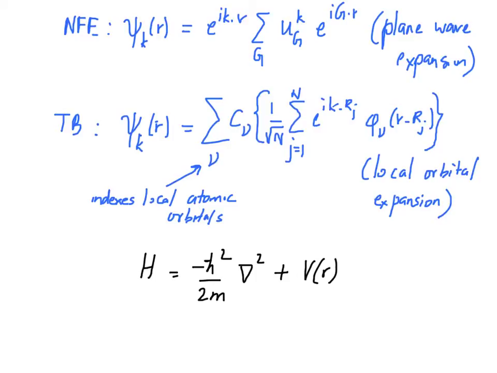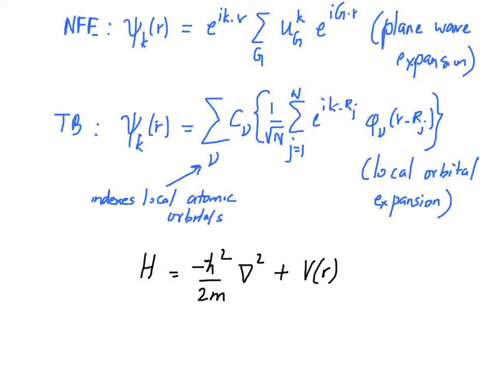As long as V of r is specified, which is of course specified once we know the system we are trying to address, and once we know the wave function form that we are going to choose, which is either this or that, we stick it into our Schrodinger's equation, and the solution of the Schrodinger's equation would give us the energy values as well as these coefficients. This set of numbers over here, or this set of numbers over there.